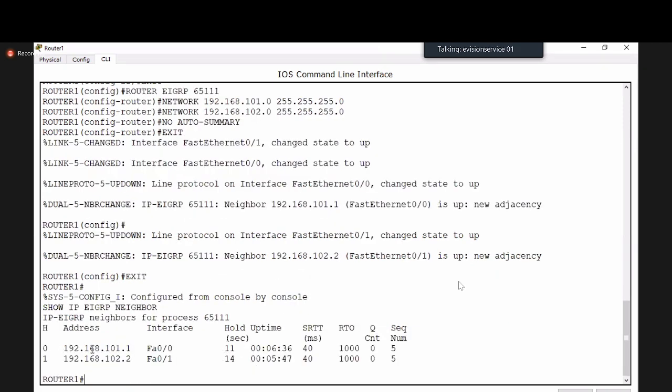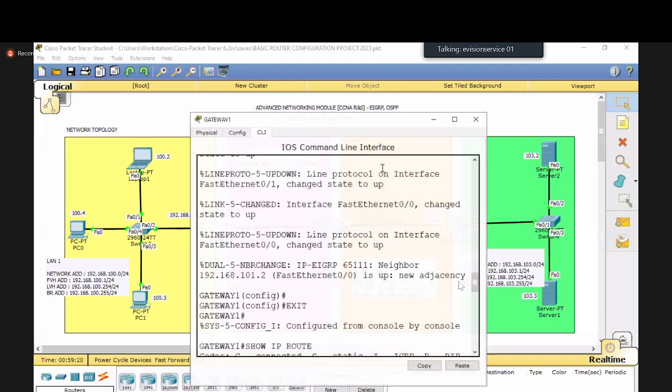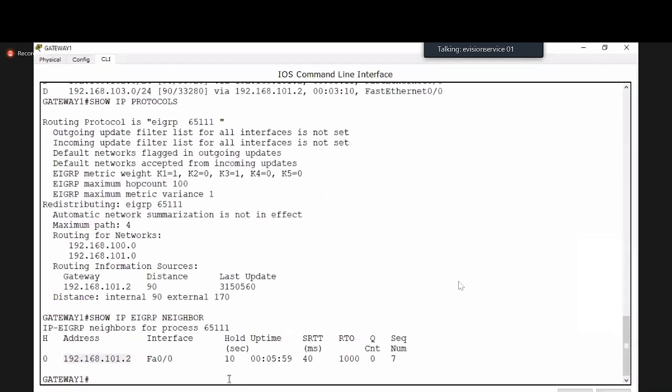You can see that two neighbors are there: 101.1, that is gateway 1, and 102.2, that is gateway 2. So this neighbor table always gives you information about which routers are neighbors with your router. Take the screenshot of it.